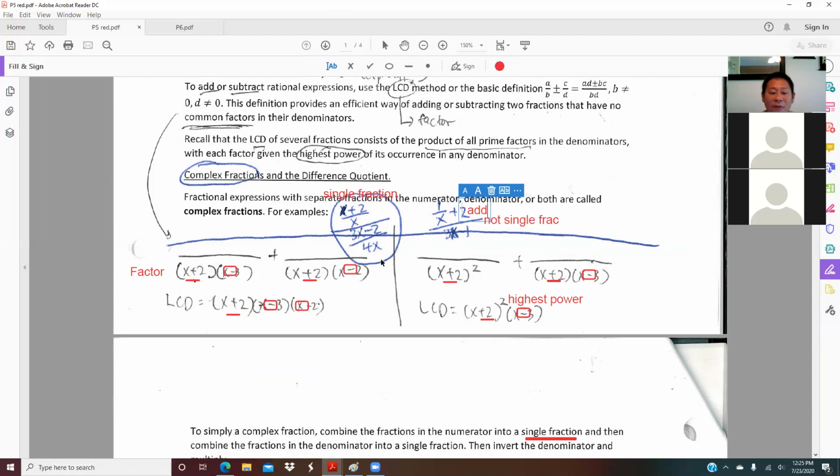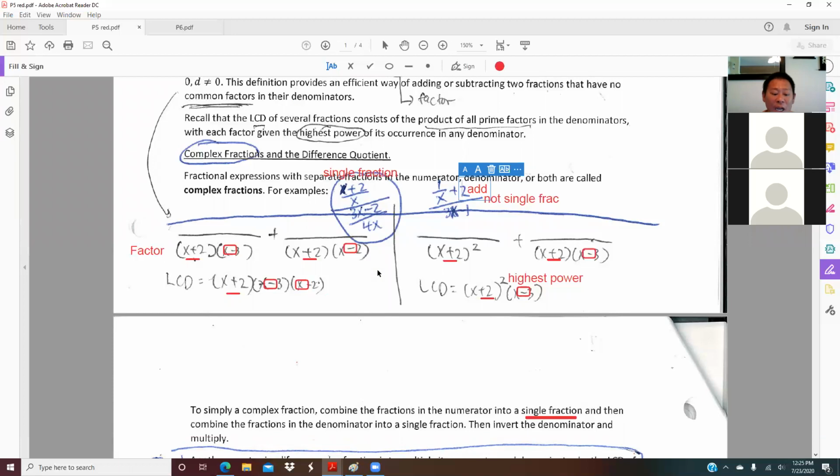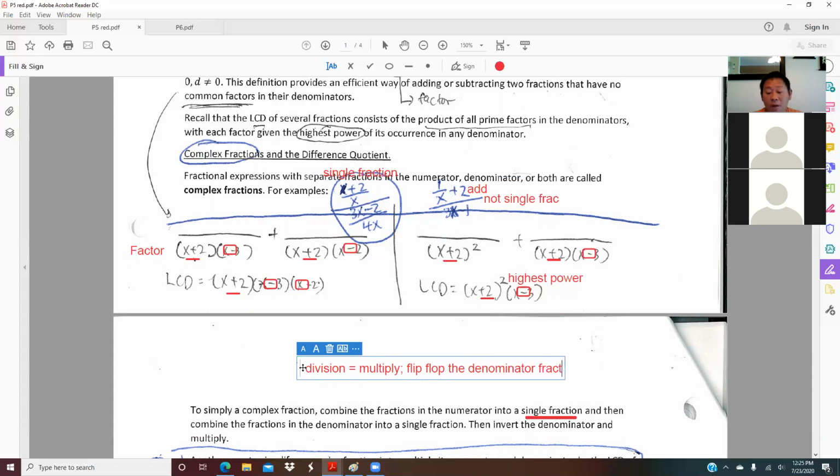And the key about a single fraction here, this is the key, is you can change the division. So this is how we do it. You change the division to multiplication, and then you flip the denominator fraction.